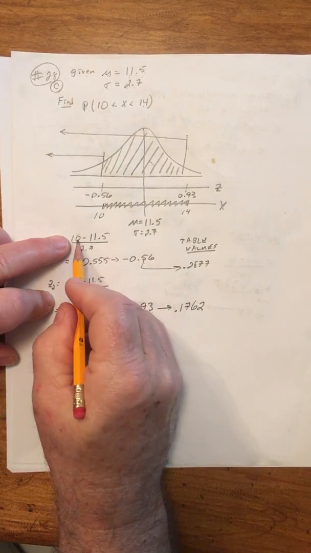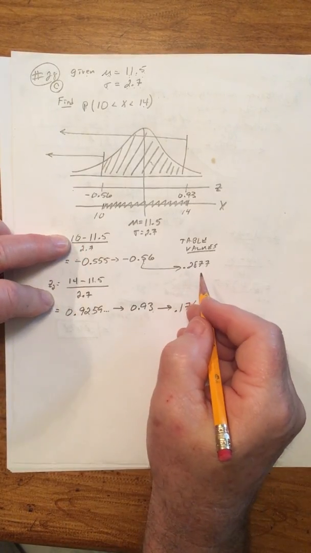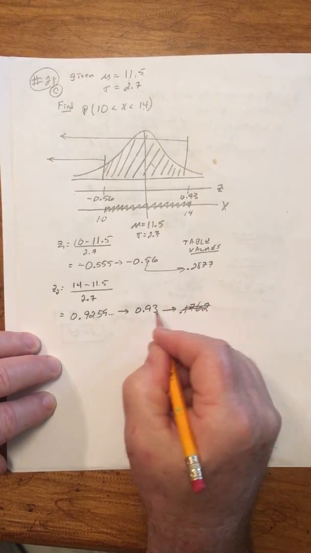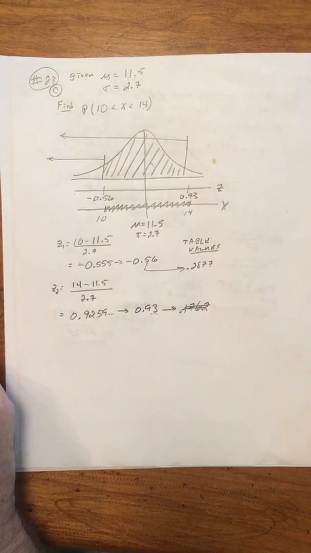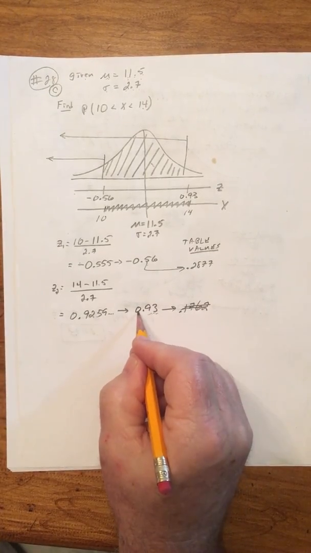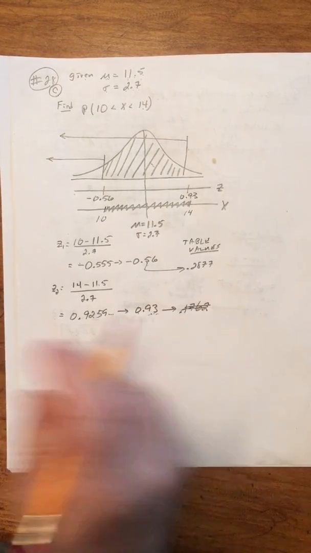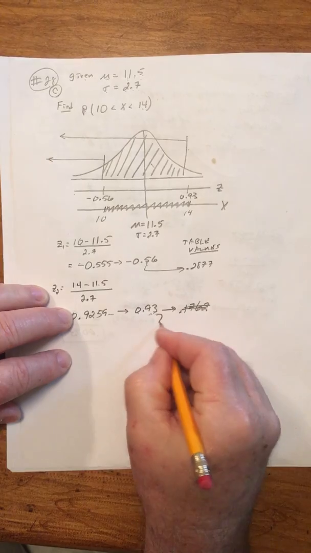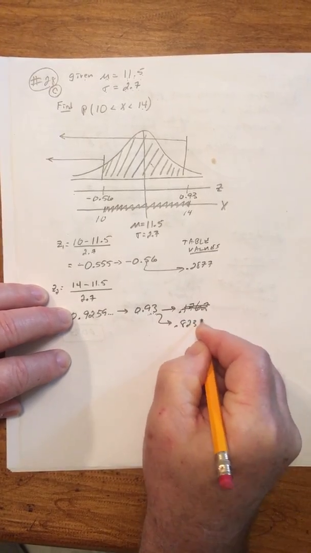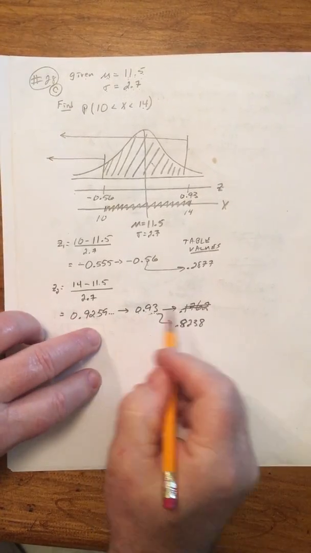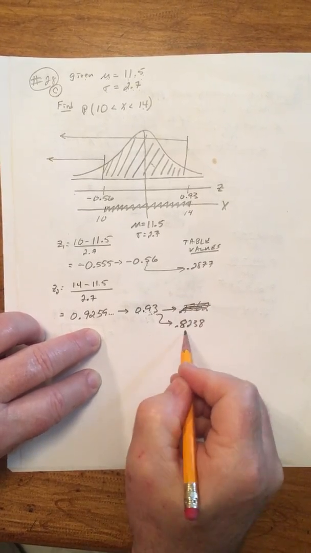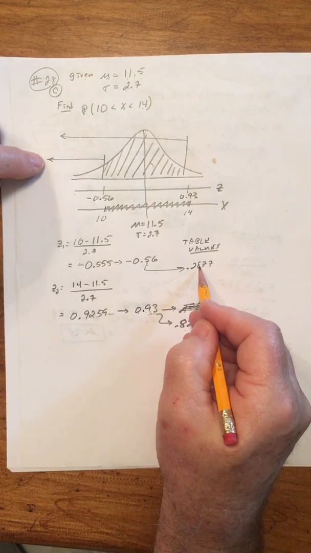So from the table value, the value from 10, I'm sorry, I used the negative here. This is incorrect. I used the negative. I need positive. Check my mistake. We need the positive value. 0.93 is 0.8238. So check my mistake. I originally used the negative. I checked myself. This is the positive value. So these values go on the arrows.